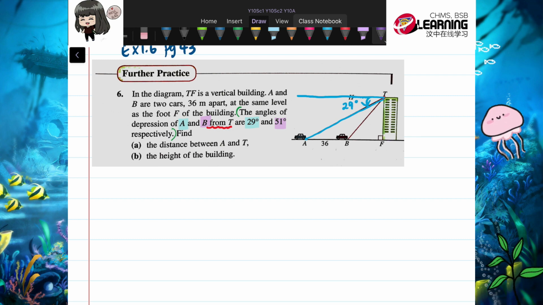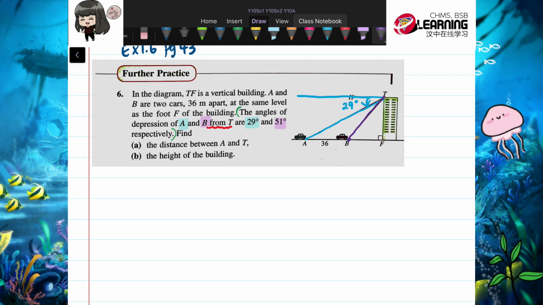Then my next one, the angle of depression, the purple one. The angle of depression of B from T is 51. So B is over here, and your connecting line will be like that.